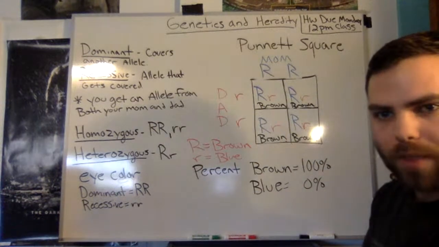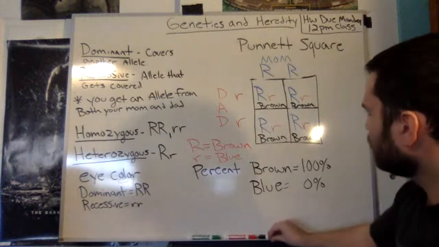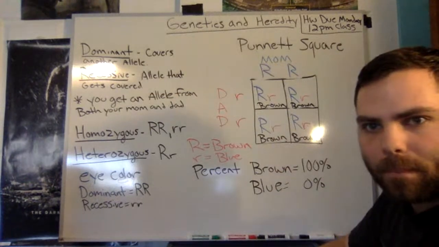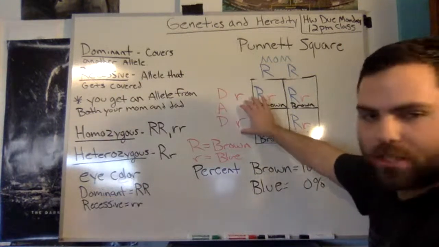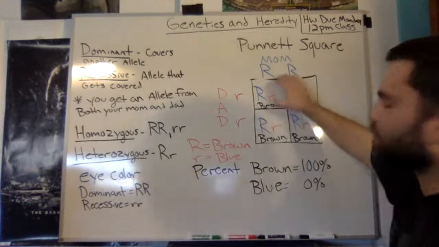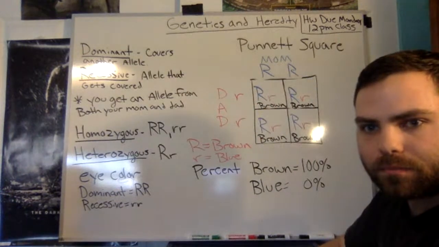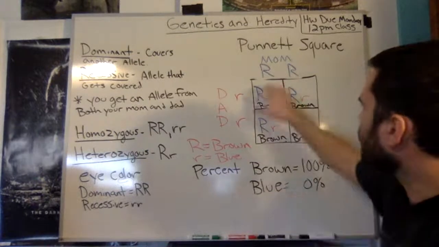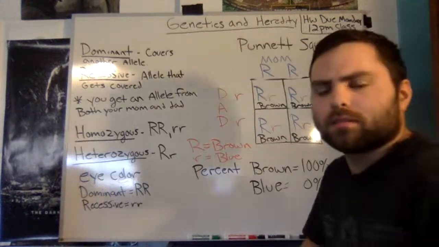So what do we have to change, though, for me to have blue eyes? What do we have to change? We got to change dad that has blue eyes with lowercase, lowercase, or do we have to change something with mom? So what alleles does my mom have to have?